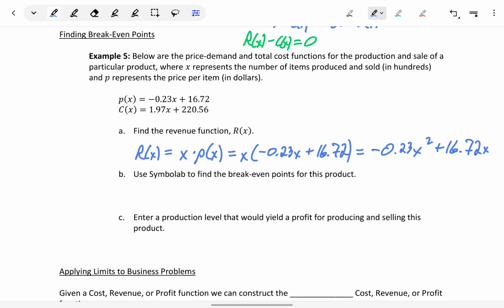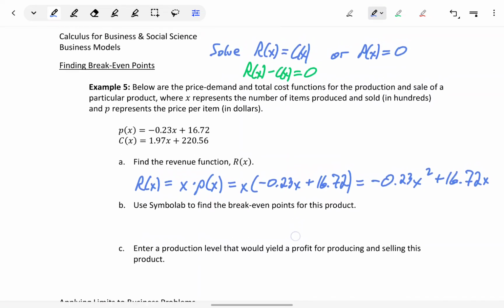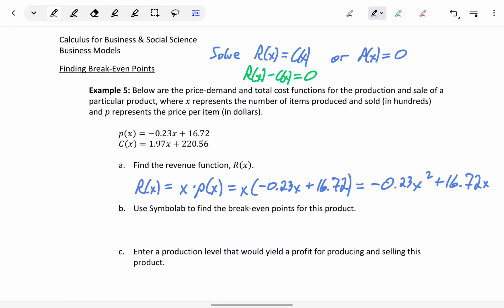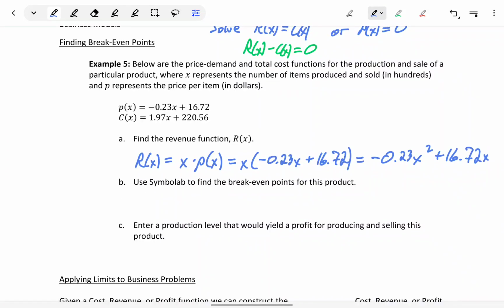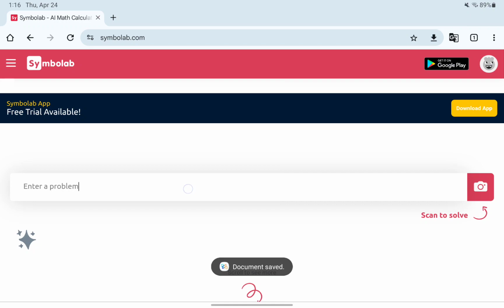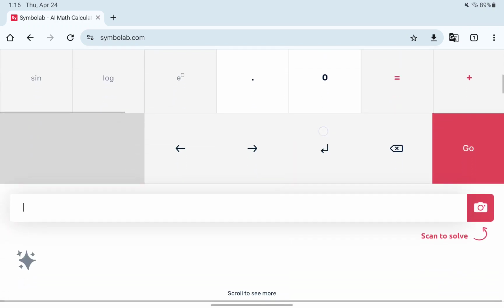Then we want to use Symbolab to find those break-even points, which again, we can do by solving our revenue function set equal to our cost function, or by taking our profit function set equal to 0. We're not explicitly asked to find a profit function here, but we'll demonstrate how we would go about that.